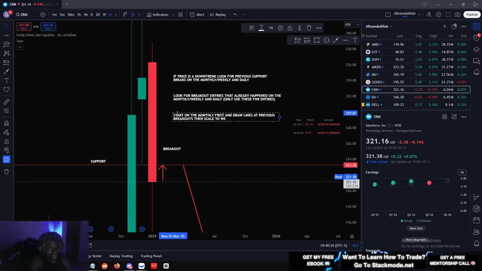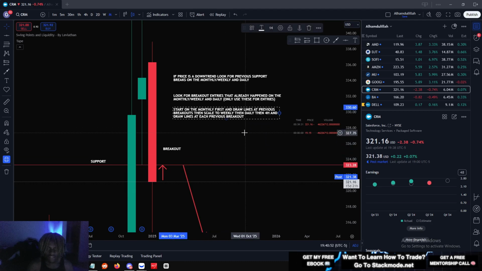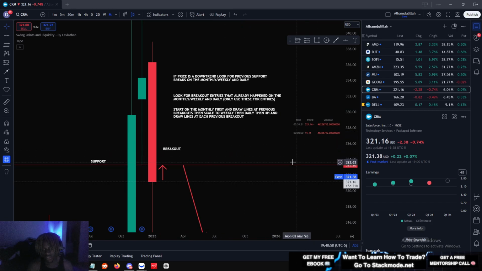Then scale to weekly, then daily, then 4-hour, and draw lines at each previous breakout. So as we can see, above or below current price. It's confusing. But okay, if price is underneath, and this breakout already happened.